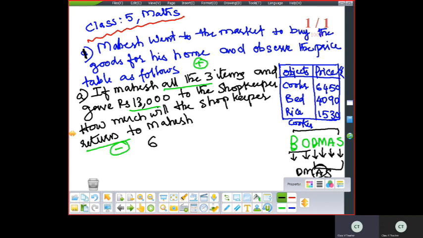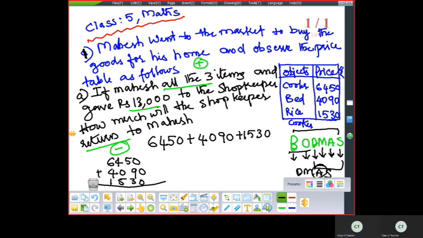So firstly write down 6,450 plus 4,090 plus 1,530. So you are doing addition. So now 6, 4, 5, 0, 4, 0, 9, 0, 1, 5, 3, 0.